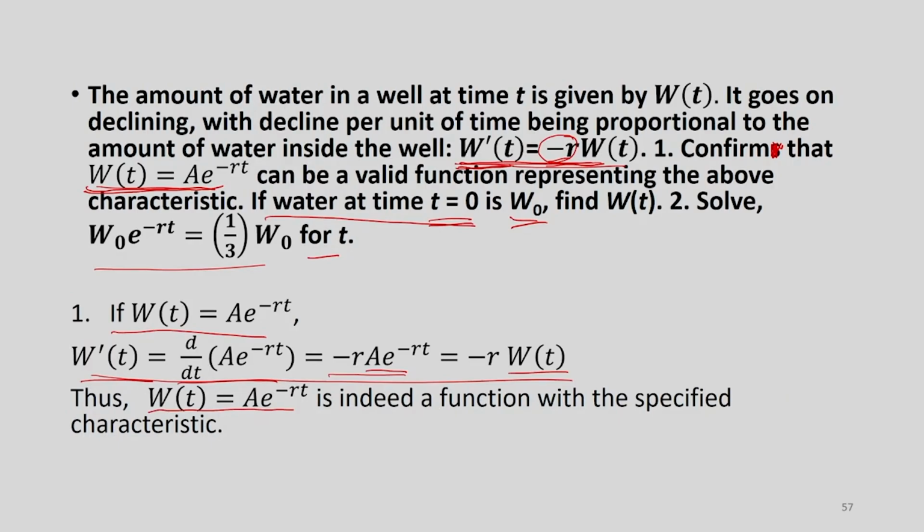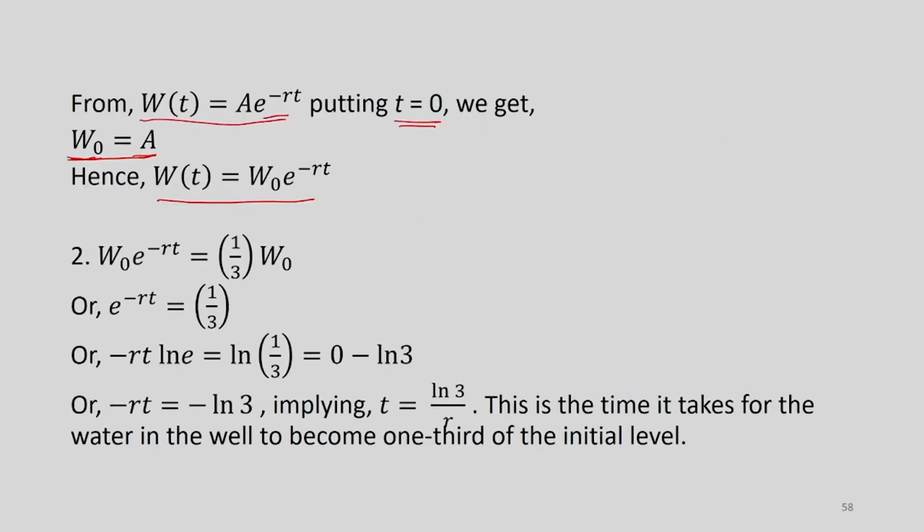Second part. Second part is saying that suppose this is given to us, then solve for t. So this is given to us that W0 e to the power minus Rt is equal to 1/3 of W0. Okay, so let us try to solve this. W0 will get cancelled from both sides. E to the power minus Rt is equal to 1/3.